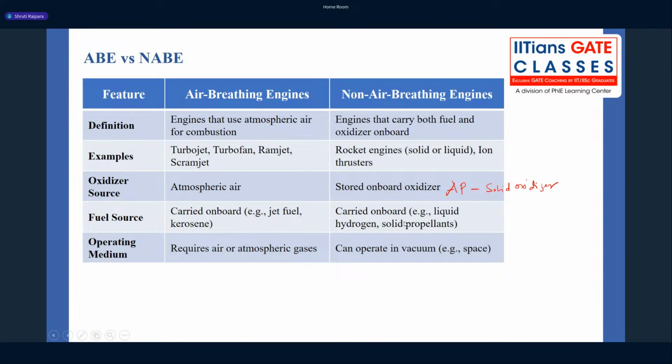Similarly, for non-air breathing engines, there is liquid hydrogen or solid fuels like HTPB, which is carried on board. Now the operating medium: air breathing engines require atmospheric air in order to operate, whereas non-air breathing engines can also operate in vacuum because they do not intake any sort of air.